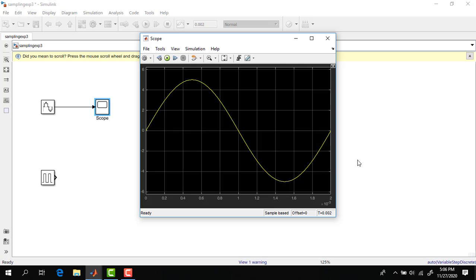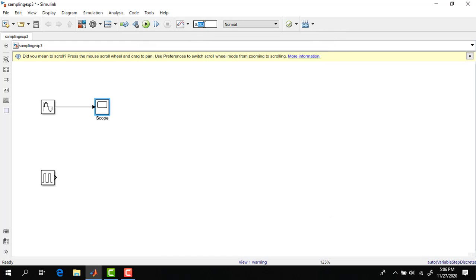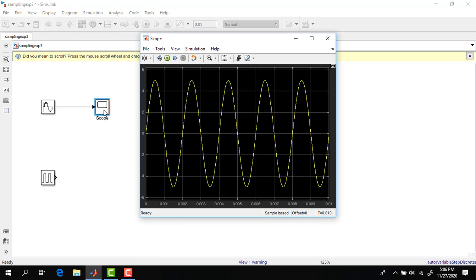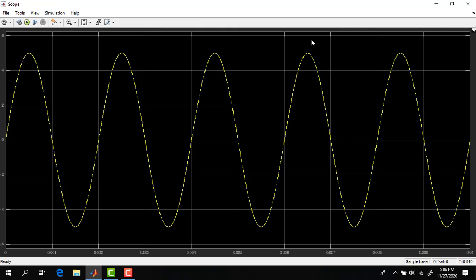Now we don't want one single wave. Let's say we want five full waves. So just multiply this time with 5. It will be 0.01. So we can expect 5 full waves now. Okay, so here it is, our 5 full waves.